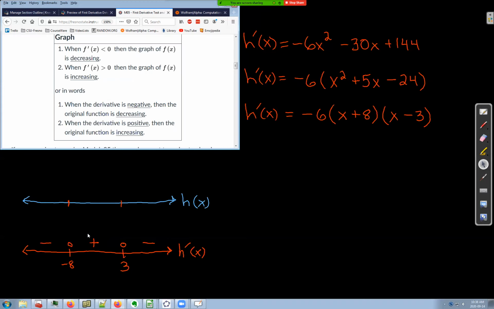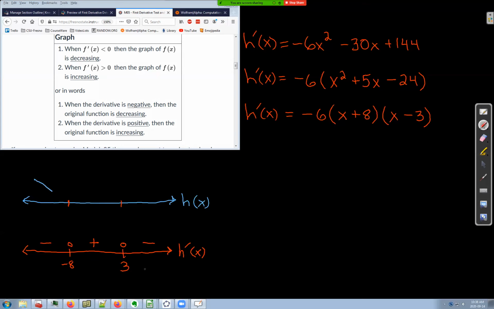And likewise, when the derivative is positive, like it is right here, then the original function is increasing. So the way I'd solve these problems is I don't really use the first derivative test. I just use the number lines.